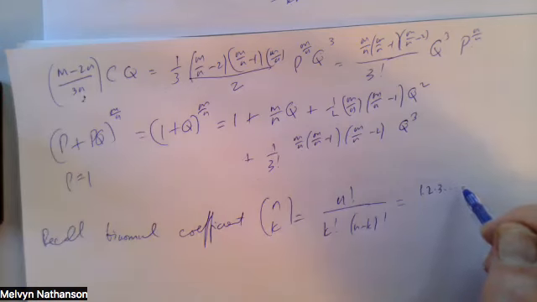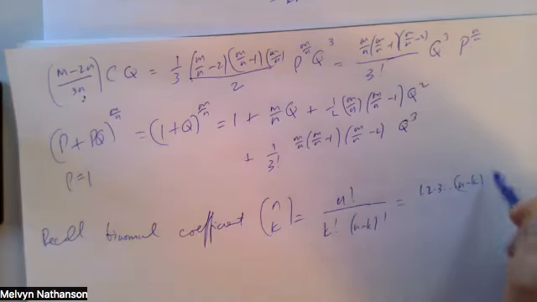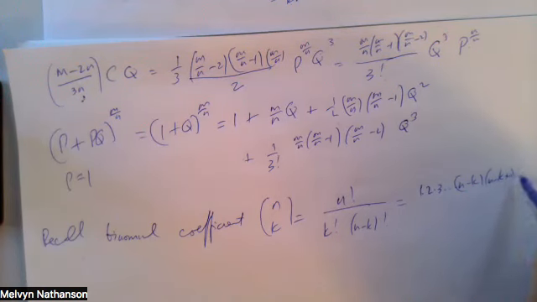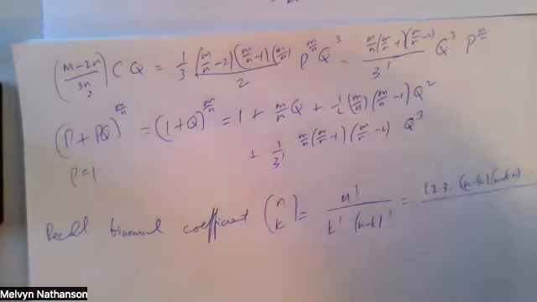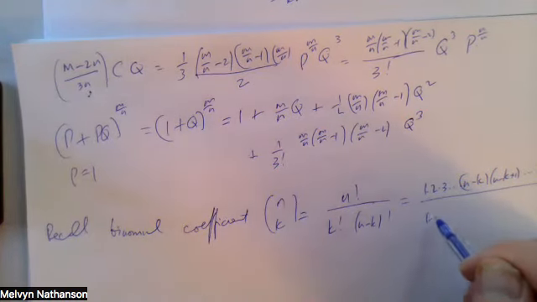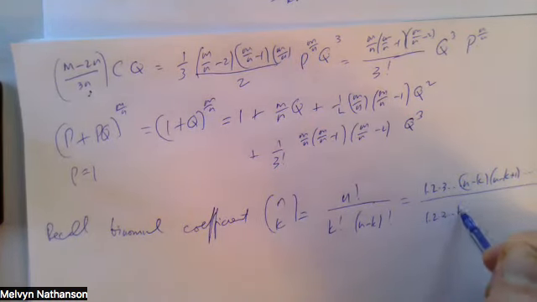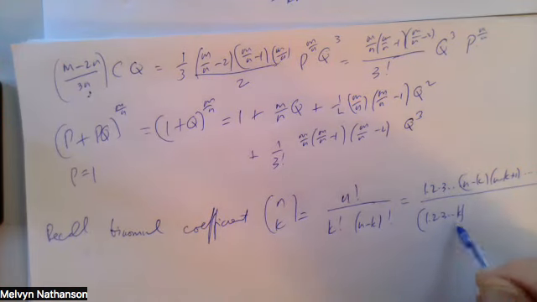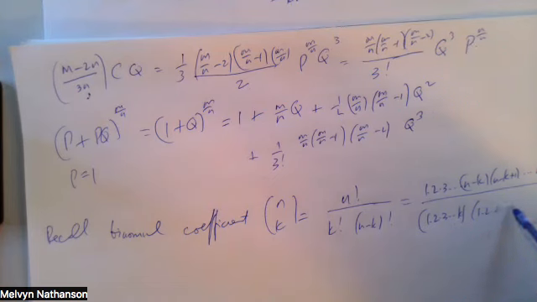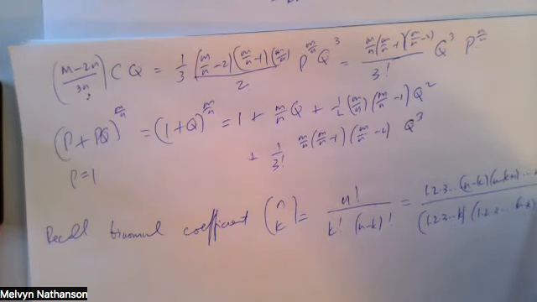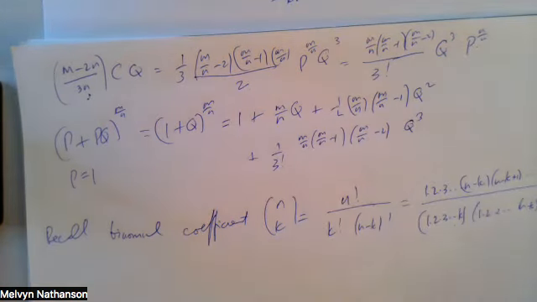It's the product of all the positive integers from 1 up to n. K factorial is the product of the integers up to k. (N minus k) factorial is the product of the integers up to n minus k.